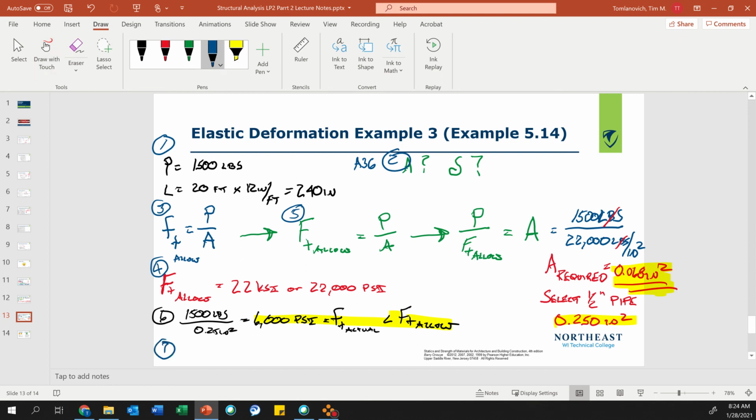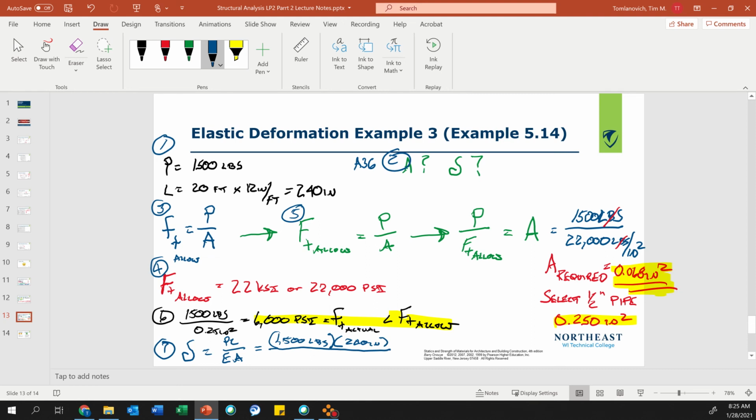Now, based on that area, it's asking how long will that thing stretch. Because it's steel, it stretches in tension, so we go delta equals PL over EA, and that equals 1,500 pounds, it's 240 inches long. Remember, we have to stay in consistent units.